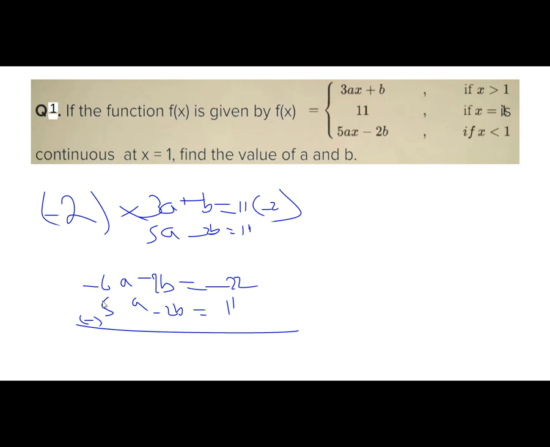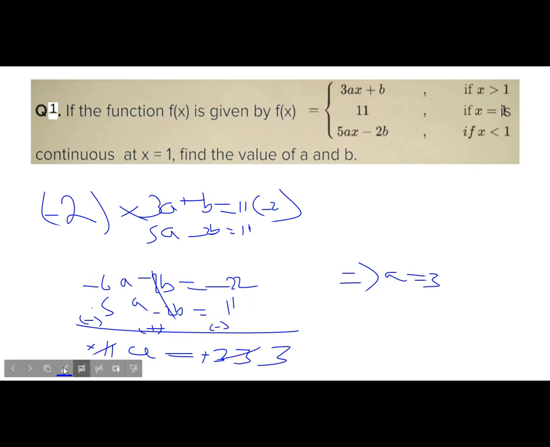Now, according to the rule, we will change the signs. So minus 11a, the minus 2b terms cancel each other, and minus 22 minus 11 is minus 33, so a equals 3.